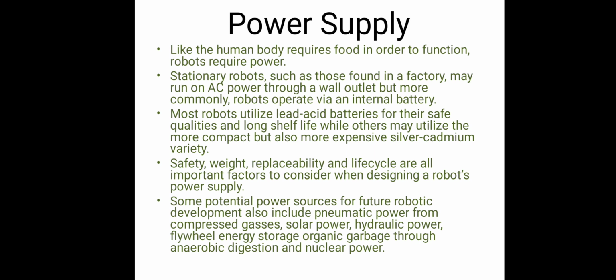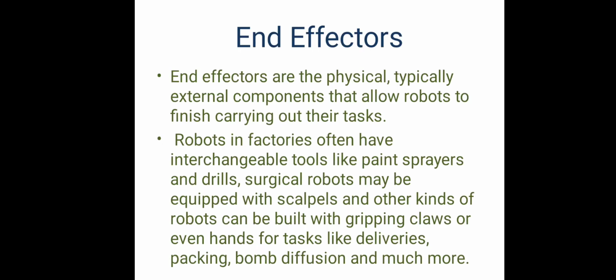Safety, weight, replaceability and life cycle are some of the important factors. Some potential power sources for future robotic development also include pneumatic power from compressed gases, solar power, hydraulic power, flywheel energy storage, organic garbage through anaerobic digestion, and nuclear power.